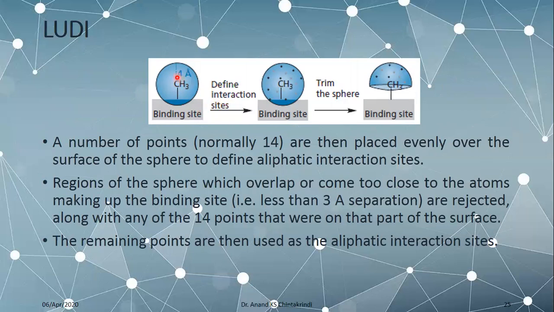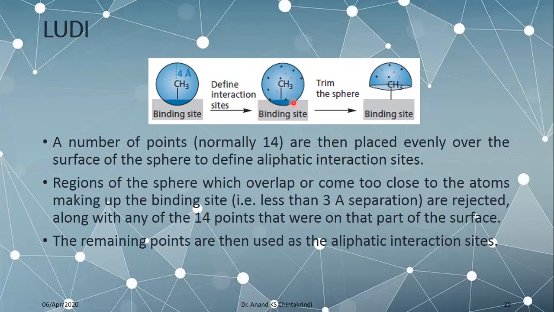After this, on the sphere, a number of site points are then placed to define the aliphatic interaction site, and these points are equally spaced. Generally 14 are used in this LUDI program. Regions of the sphere which come very close to the binding site atoms, or which overlap, are rejected.